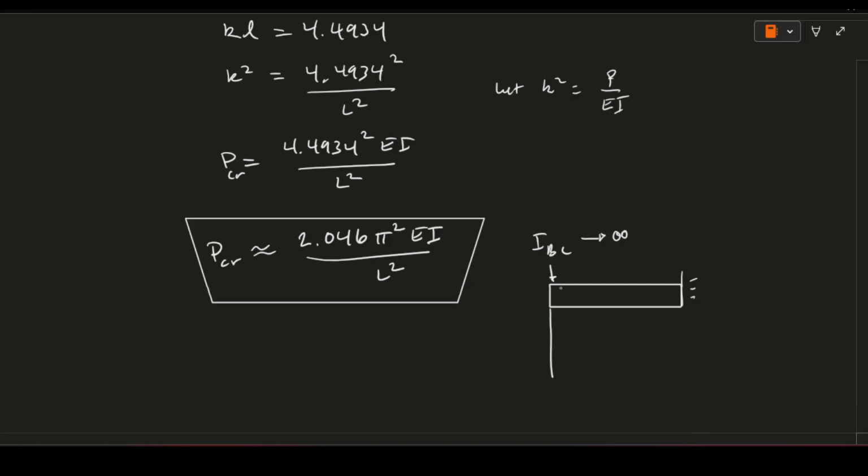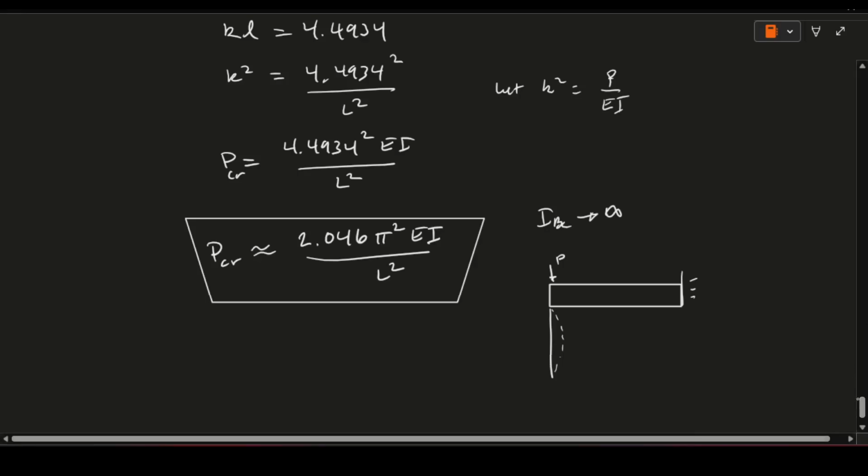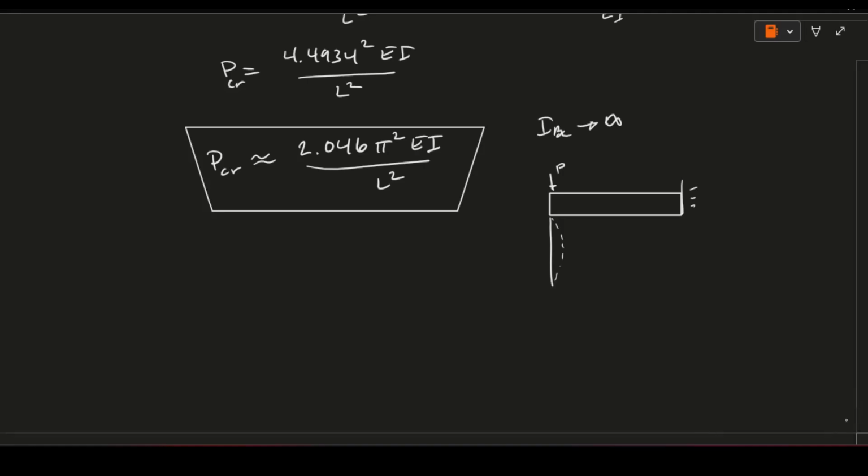And obviously, you will have a lot of force. So IBC goes to infinity. So this P has to be really big to be able to buckle this member down here.